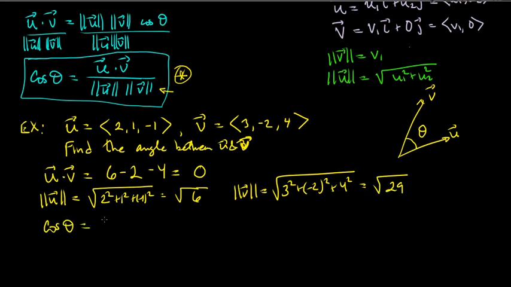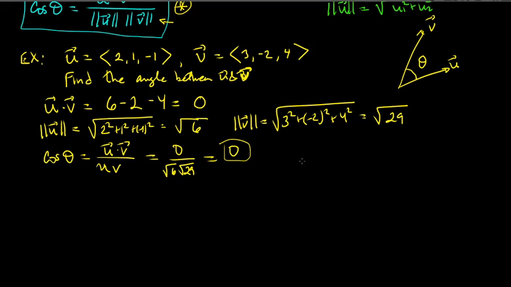So the formula is the cosine of theta is the dot product divided by the product of the magnitudes. And I'm just going to write u and v here for their magnitudes. It's getting a little bit burdensome to have to write these vertical bars here. So the numerator is 0, the denominator is square root of 6 times square root of 29. Whatever number that is, you just get 0.